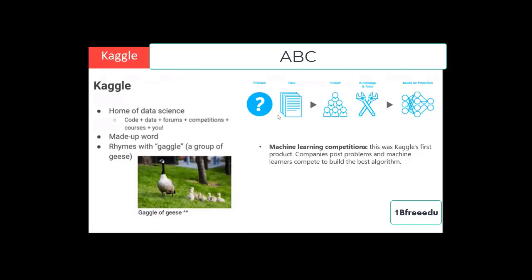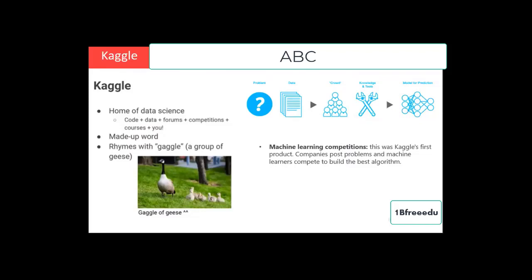It started as a competition site for machine learning problems. Companies used to provide their problem statement along with anonymized data, and all over the world, data scientists and data analysts used to give a crowd solution using various tools, techniques, and their knowledge, and give a model for prediction.